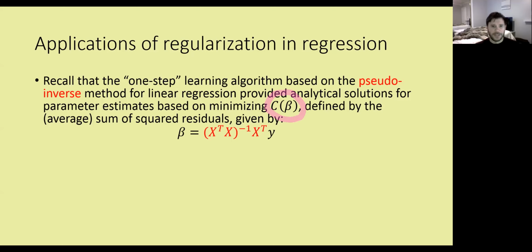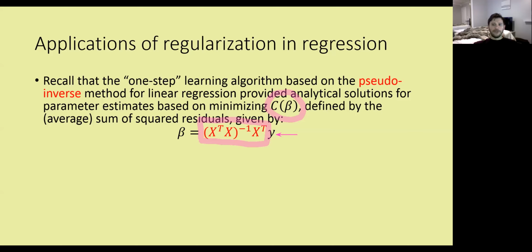We could take the X matrix, which was our matrix of input data with a column of ones if we're including an intercept, and the solution involved this pseudo-inverse matrix, which was X transpose X inverse times X transpose. Then we multiplied that pseudo-inverse matrix by our output vector Y, and that allowed us to recover those beta parameters in one step.